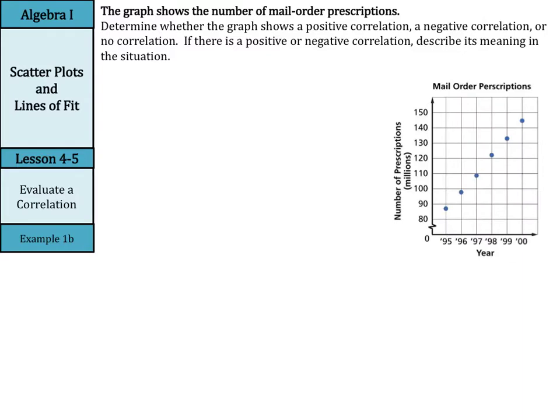What about this graph with mail order prescriptions? Same directions: positive, negative, or no correlation, and describe its meaning if there is a positive or negative correlation. And I hope right away that you can see that we're going pretty linearly, actually, in an upward direction here. So we could say that this is a positive correlation.